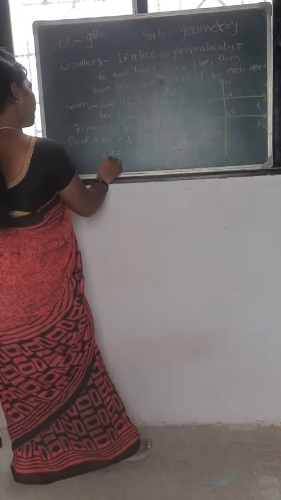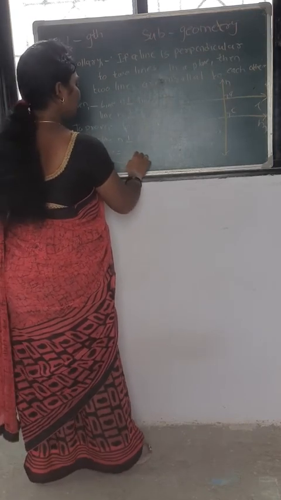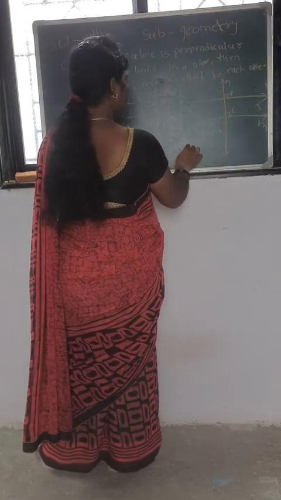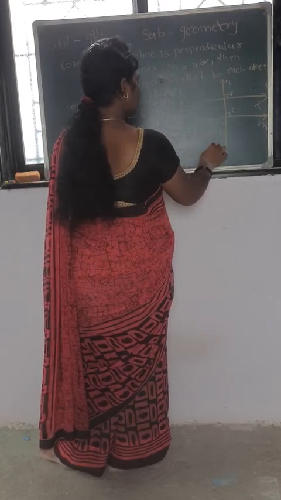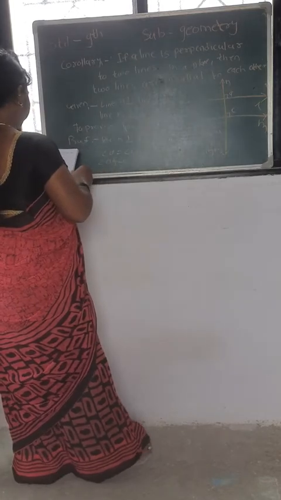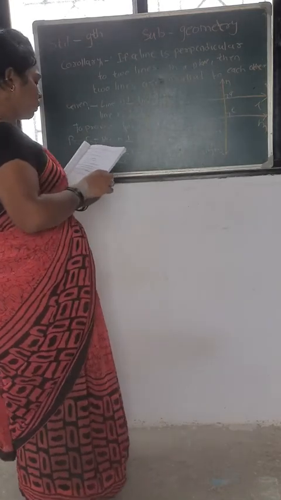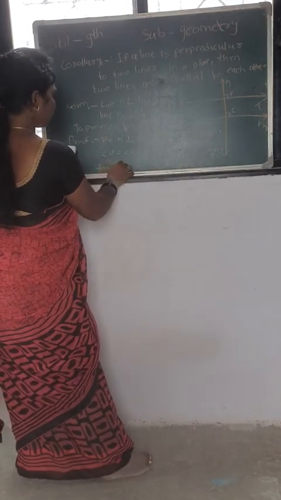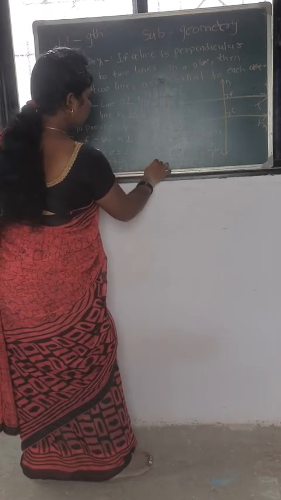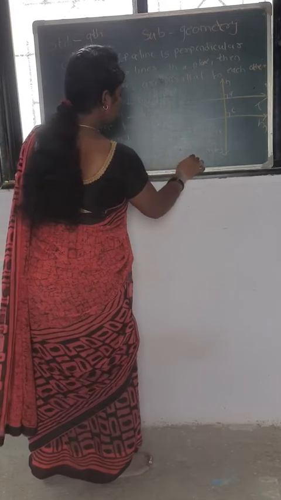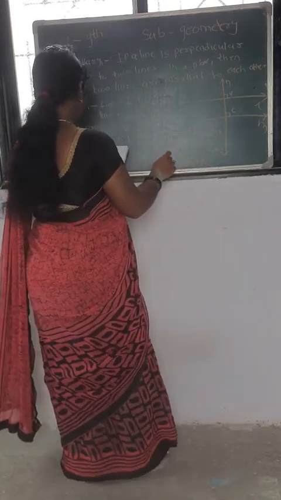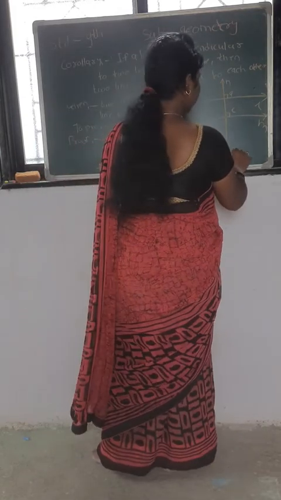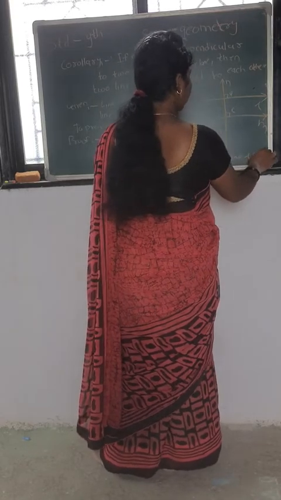Angle A and angle C are corresponding angles formed by the transversal EN of line EL and line EM.